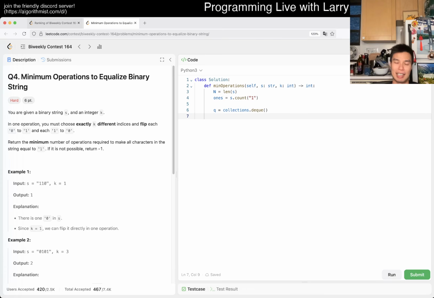Train is an idea that I associate with BFS problems, where how do you do edges?